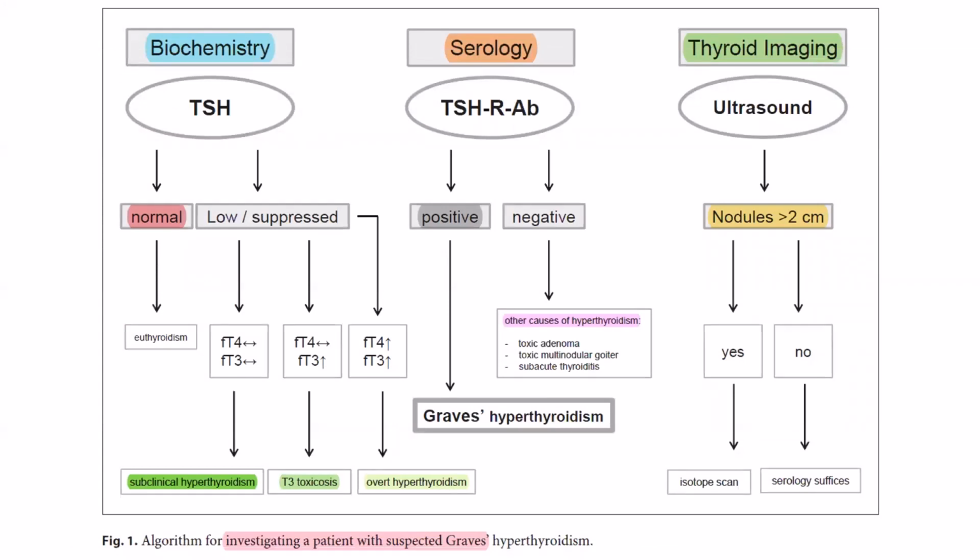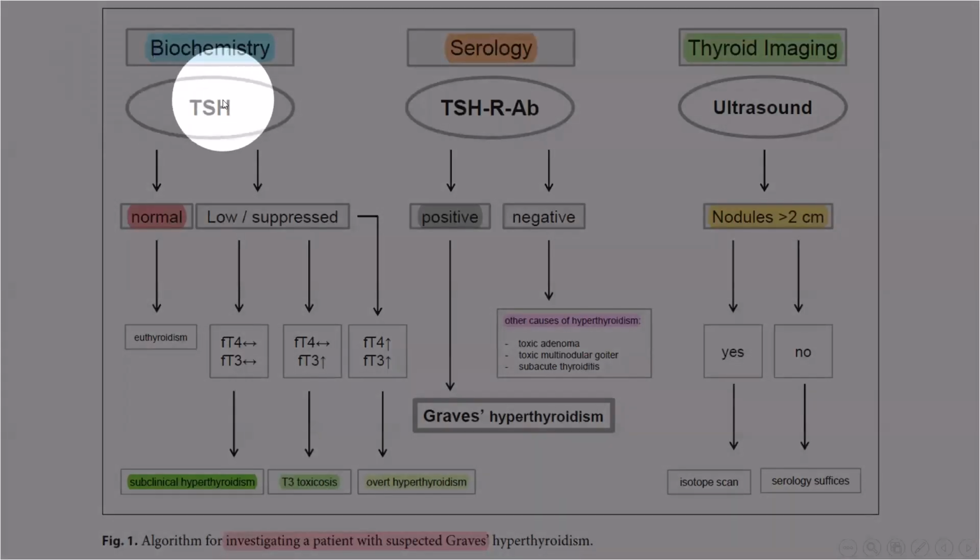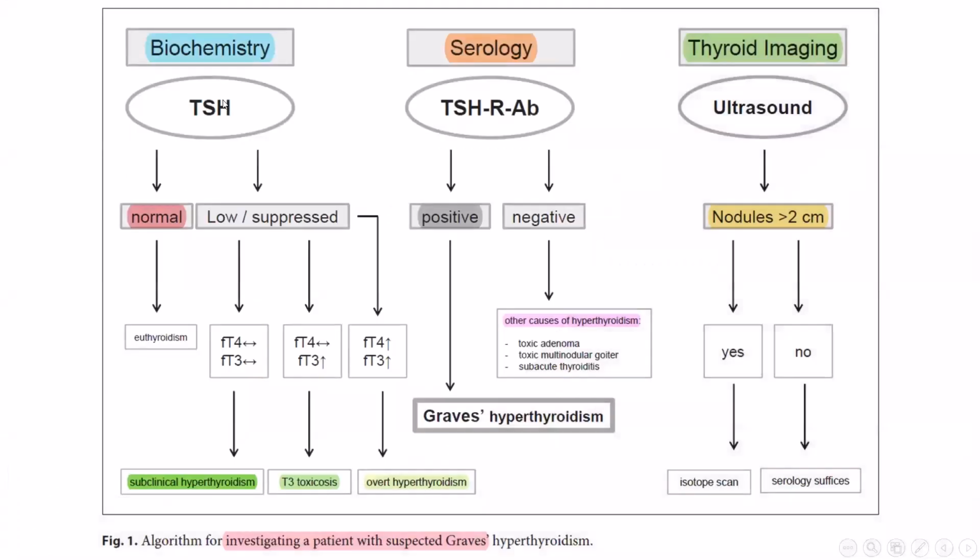First of all, for diagnosis, if you suspect any case of Graves disease, the first step is to assess and diagnose Graves hyperthyroidism biochemically. This is very important, by doing TSH. TSH is the most specific and sensitive thyroid function test to assess primary thyroid disorder, primary hyperthyroidism or hypothyroidism.